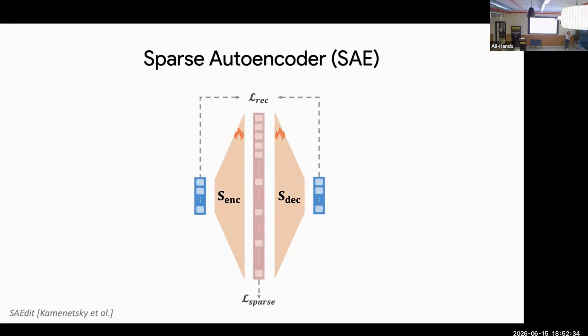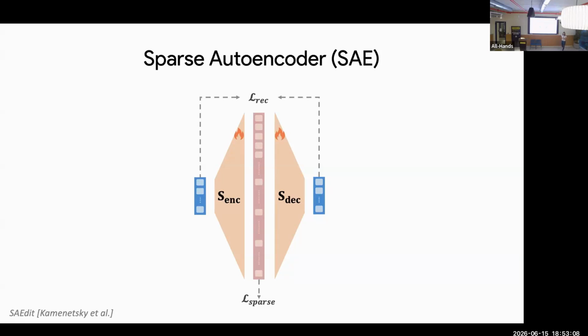Sparse autoencoders are very similar to autoencoders in the sense that they reconstruct a vector. But the difference is that a sparse autoencoder, instead of compressing the latent vector, actually increases the dimension and maps a given vector into some higher dimensional space, as you can see here. The first time you see it, it's a bit confusing that the encoder is drawn as we usually draw a decoder and vice versa.